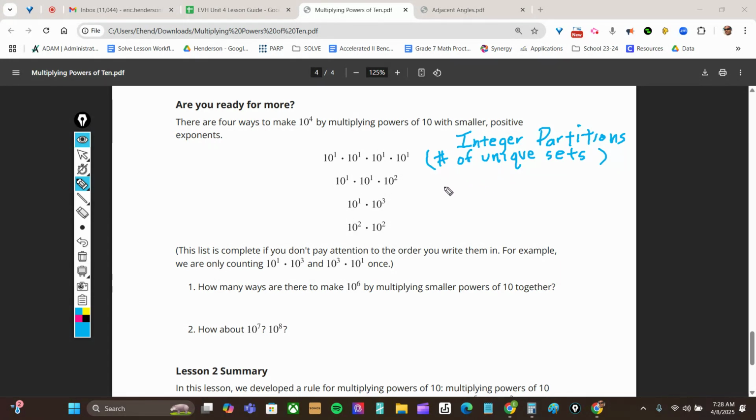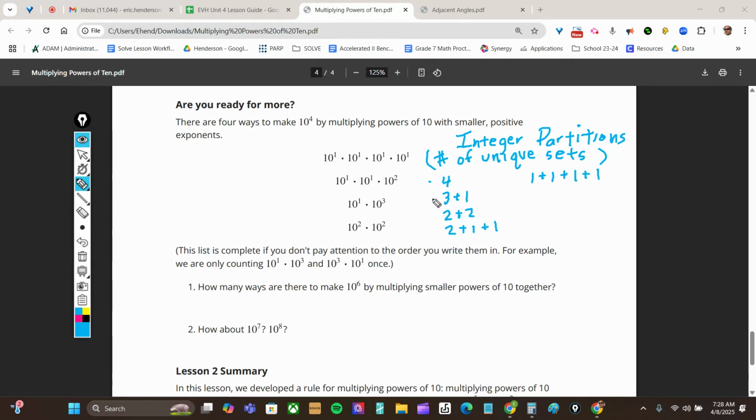So for example, what are the partitions of 4? You could do 4, you could do 3 plus 1, you could do 2 plus 2, you could do 2 plus 1 plus 1, and then you could do 1 plus 1 plus 1 plus 1.